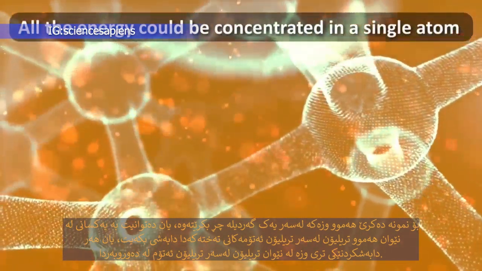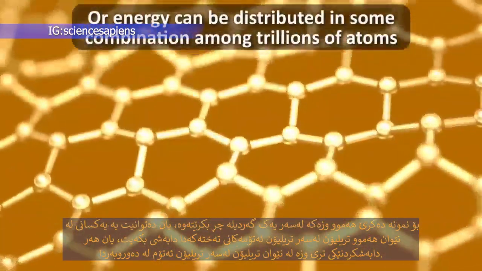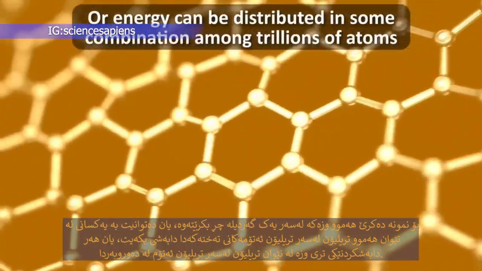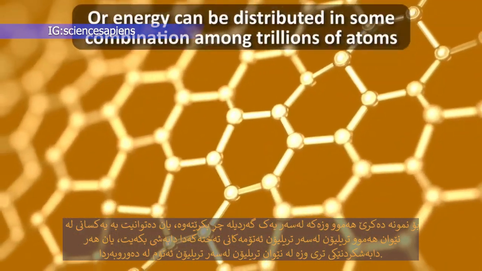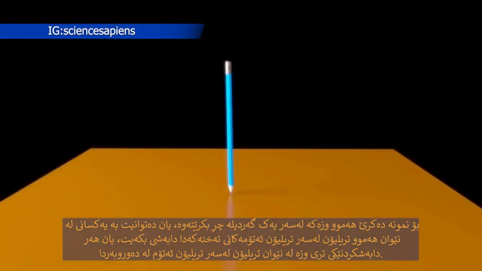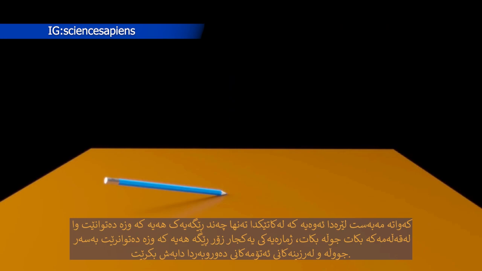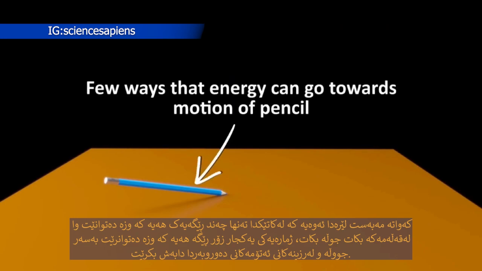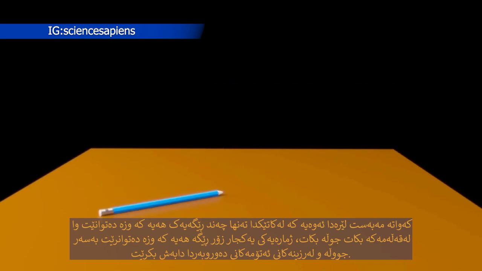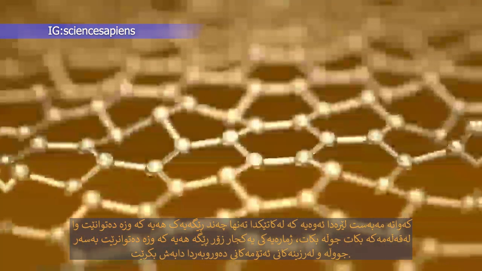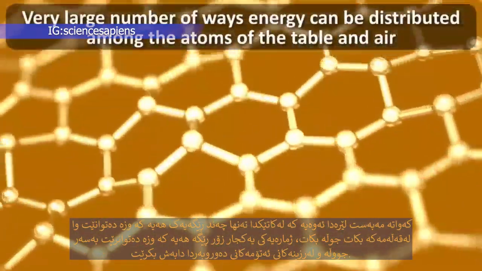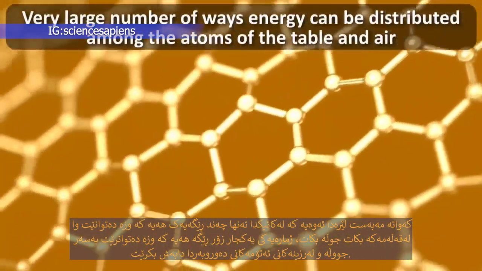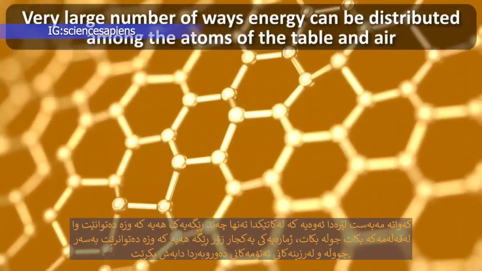For example, all the energy could be concentrated on a single atom, or you could divide it equally between all the trillions upon trillions of atoms of the table, or any other distribution of energy among the trillions of atoms in the surroundings. So the point here is that while there are just a few ways that energy can go towards the motion of the pencil, there is a mind-bogglingly large number of ways in which that energy could be distributed to the motions and vibrations of atoms in the surroundings.